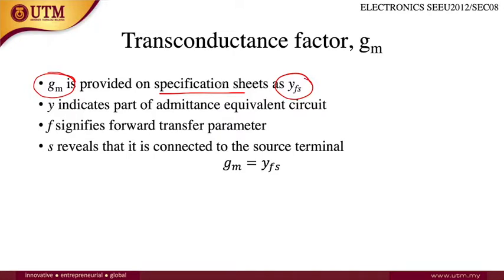If you still remember, when you buy any device, it comes together with a specification sheet that gives you all the specific information about the device that you bought. Inside that specification sheet for a MOSFET, GM is written as YFS.